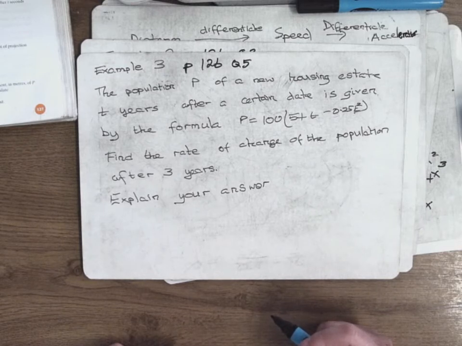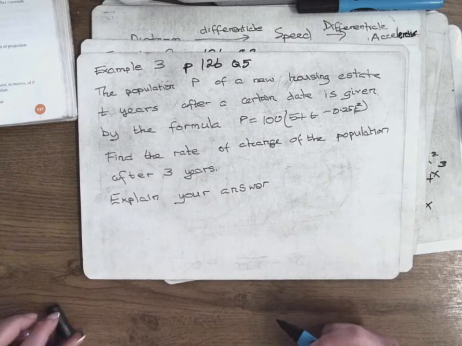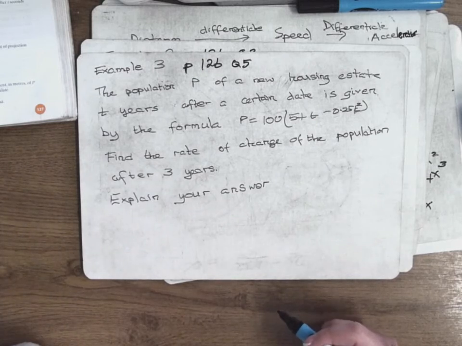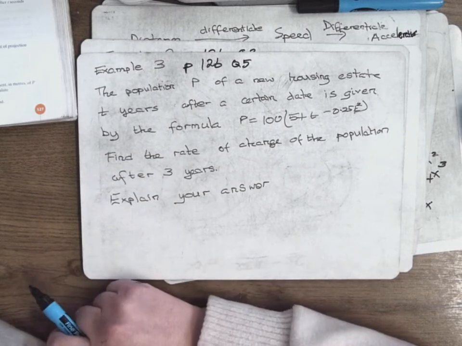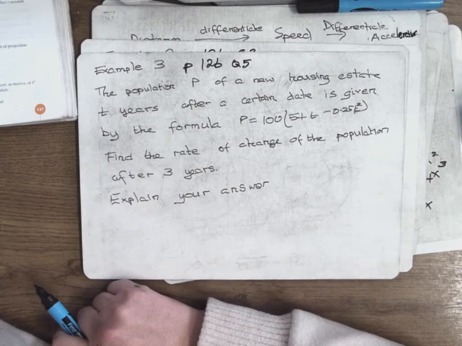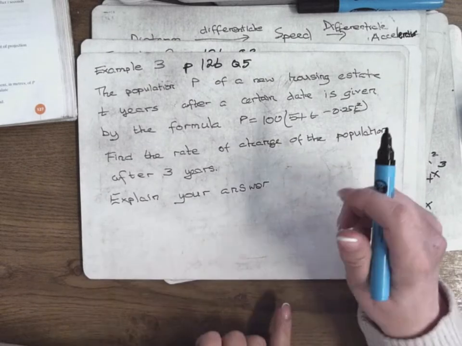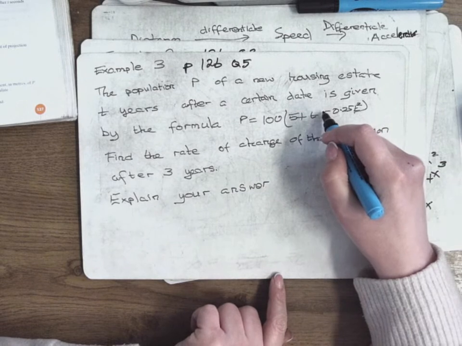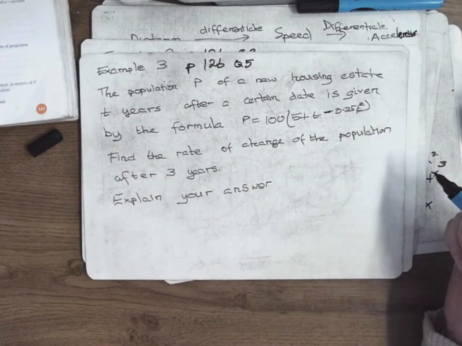Find the rate of change of the population after 3 years and explain your answer. That's 5 plus T minus 0.5 T squared.